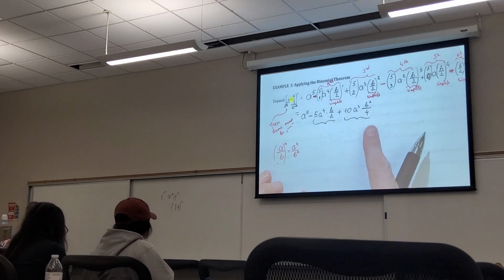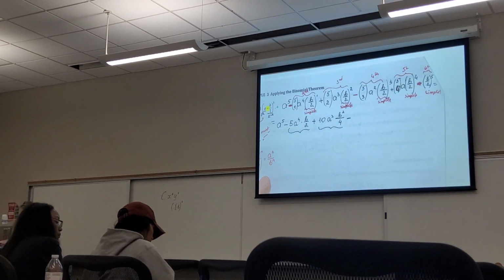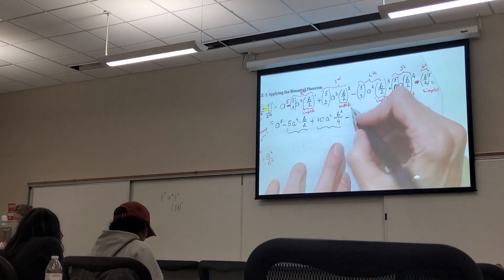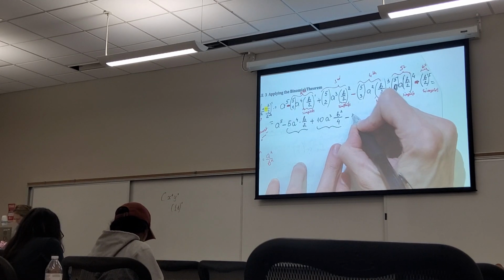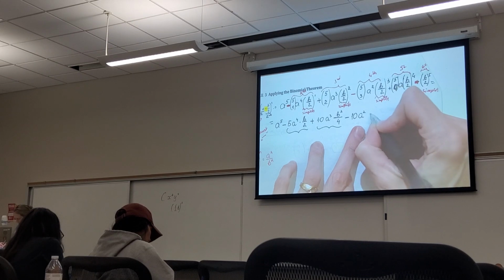I'm labeling my terms so I don't mess everything up. Now minus, we need the coefficient for group 3 out of 5, also gives me 10. A squared. Now b cubed over 8.